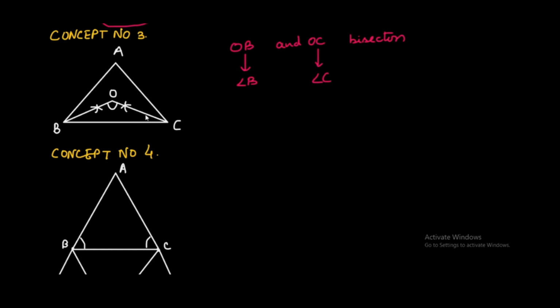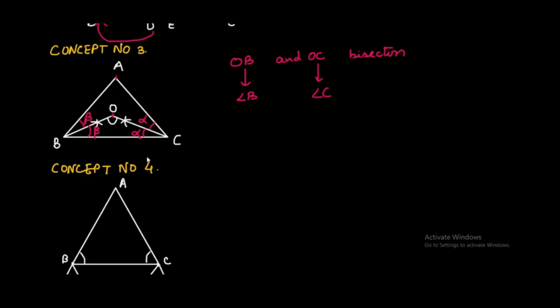So if angle C has a bisector OC, this bisector divides the angle into two equal parts, that is, this is alpha and this would also be alpha. Similarly, if this is beta, this would also be beta.